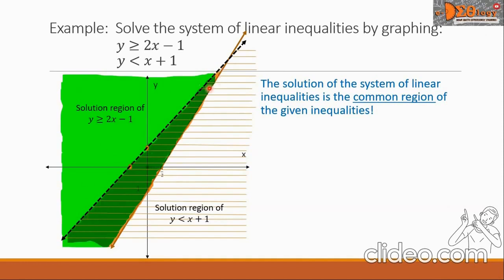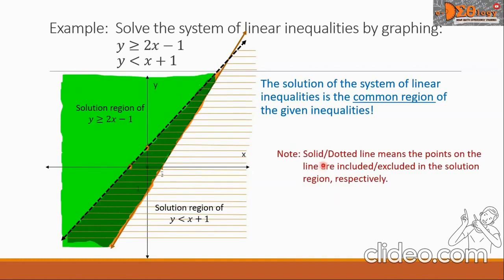And this darker area here is the solution of the system of linear inequalities. Take note, solid or dotted line means the points on the line are included or excluded in the solution region respectively.